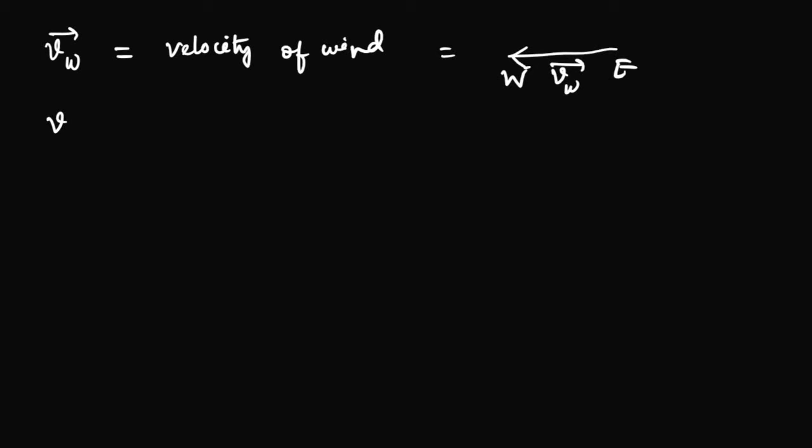Then comes the rain. Rain was perpendicular, so the rain was like this. I will first draw a Cartesian coordinate and draw the VW here. The rain was falling perpendicular, so I will draw it like this.